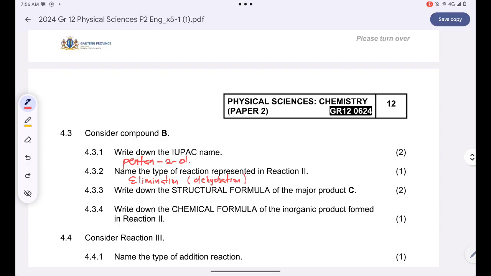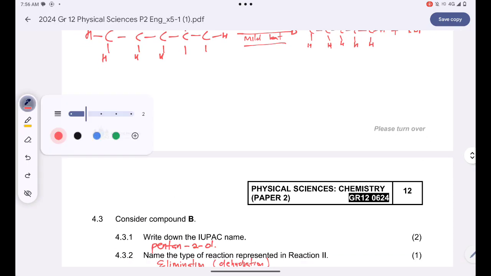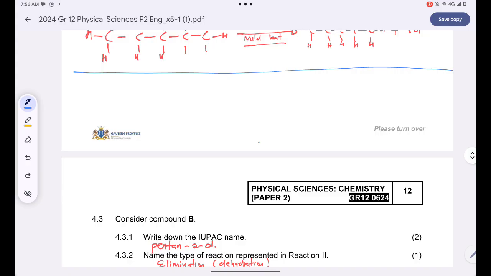Okay, and now I'm asked to write down the structural formula of the major product, compound C. What actually happens here, guys, is that I have my alcohol over there, as well as my hydrogens.